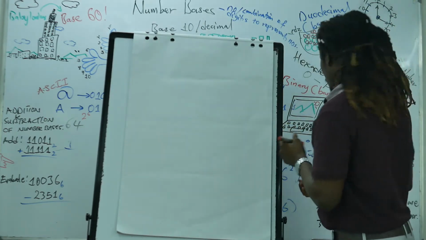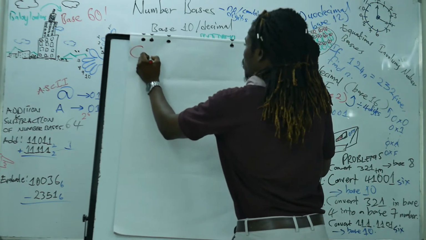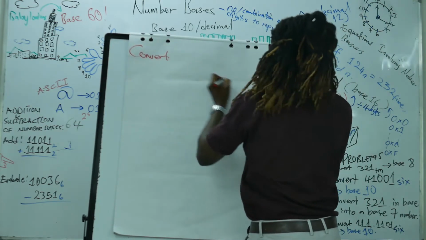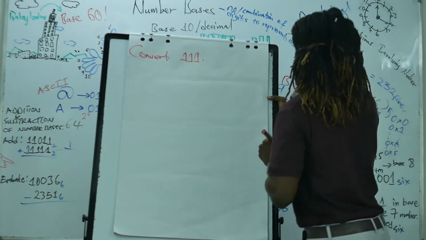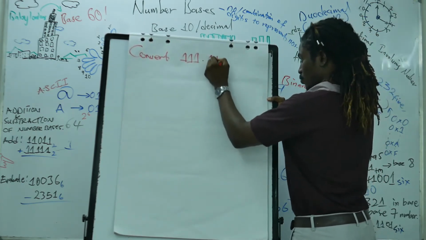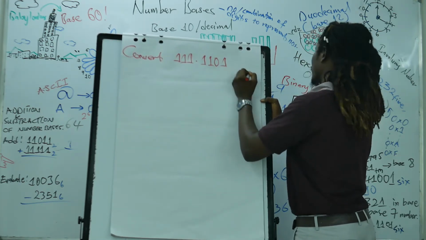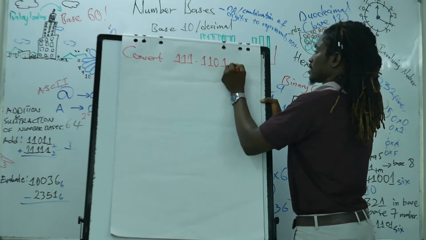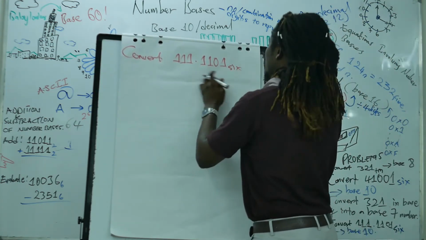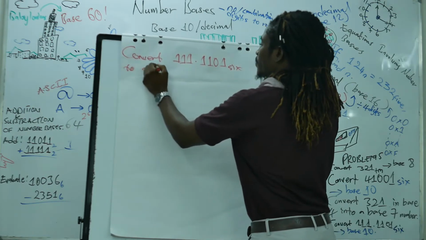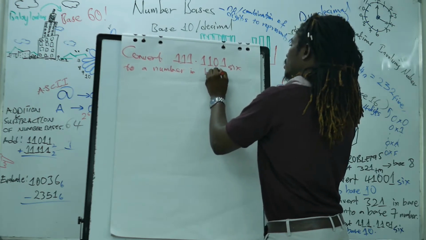Let's take this question that says convert 111.1101, so it has a decimal part. It's in base 6, but this could be any base really. Convert from base 6 to a number in base 10.